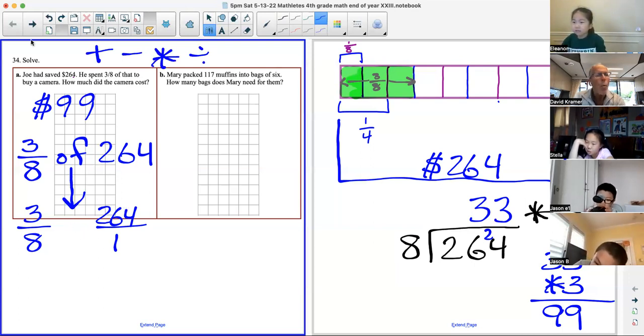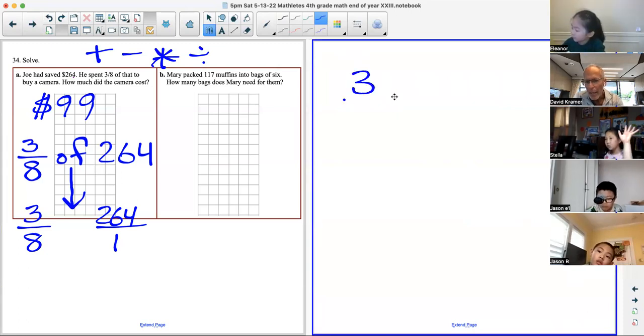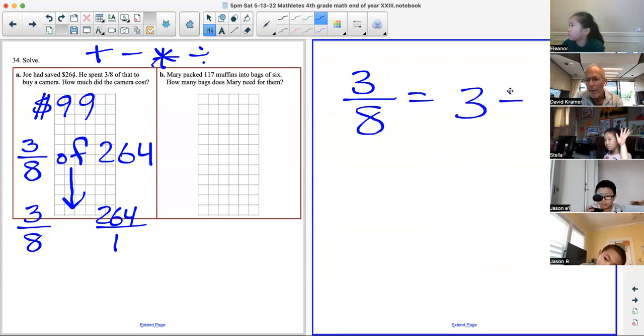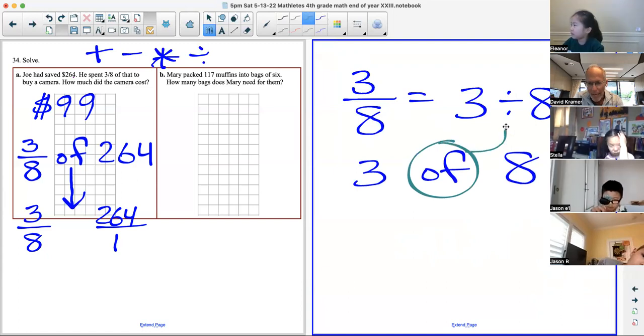Well, when you have a fraction, hold on a second. When you have a fraction, 3 divided by 8, Eleanor, this is 3 of 8. And guess what? That is division, because that's one fraction.